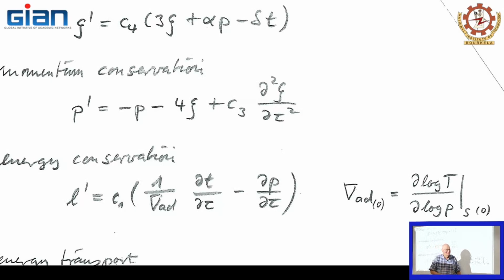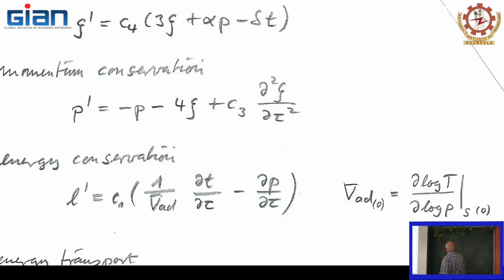And on the left-hand side, we bring this C4 over, and we get 1 over C4 times zeta dashed is equal to the bracketed term. So we now have all coefficients finite everywhere, and all the solutions are finite everywhere.